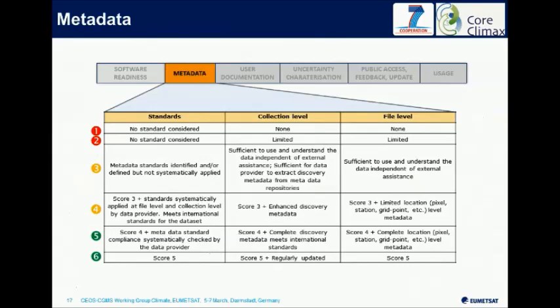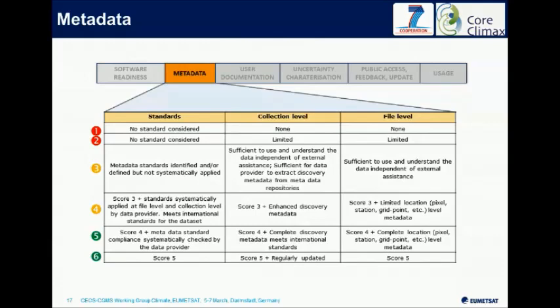And then the collection level metadata is like the overall details of a data set, for example, which instrument is used, what version of the software is used, and so on. So that is applicable to the whole collection of the data. And then there's file level metadata, for example, if it's a gridded data set, it is for each grid point, like the quality of the data or the uncertainty of the data.